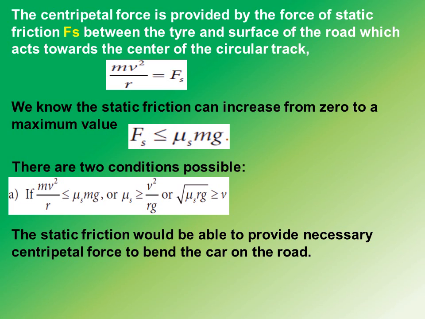So the coefficient of static friction between the tire and the surface of the road determines what maximum speed the car can have for a safe turn. That's very important. While you are driving a car, when you have a turn in a circular path, it's very important to maintain your speed.